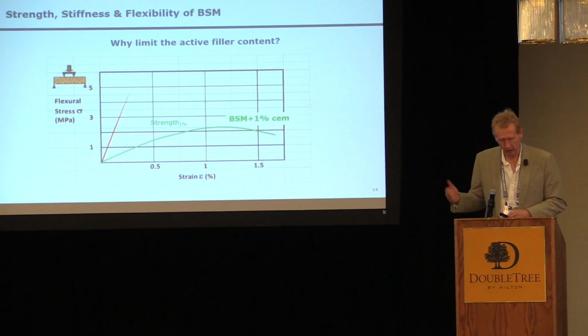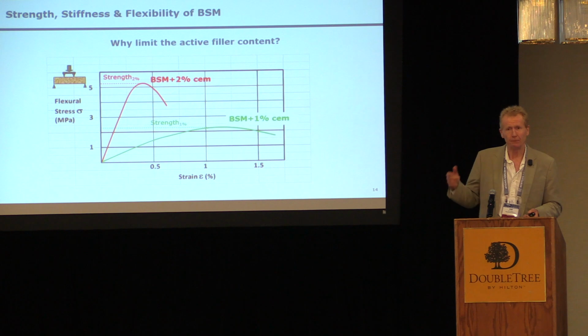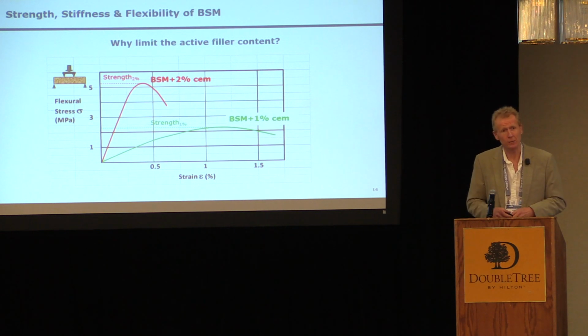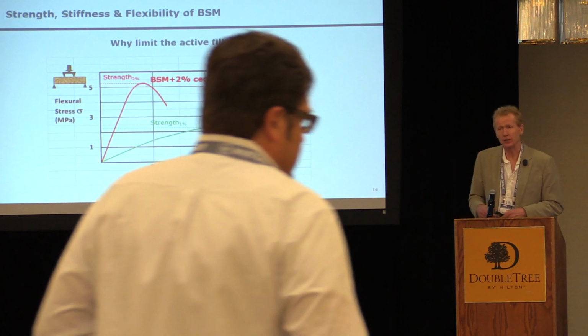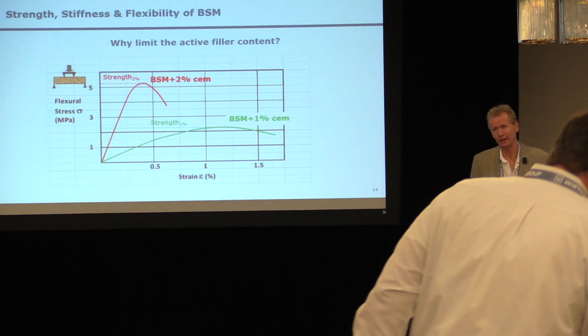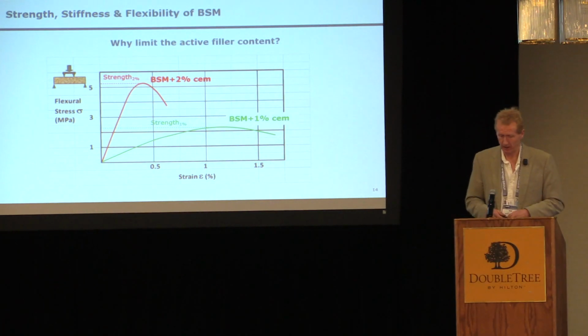So the green curve as opposed to the red curve, it's clear on the vertical axis that you can see the strength of the material. It can be flexural strength, it can be tensile strength, but the strength goes up as you add more cement. This is as clear as falling off a bicycle. But is strength the only consideration?